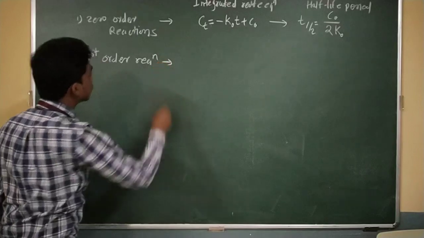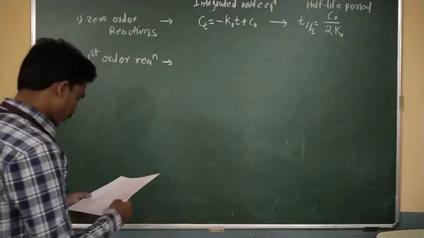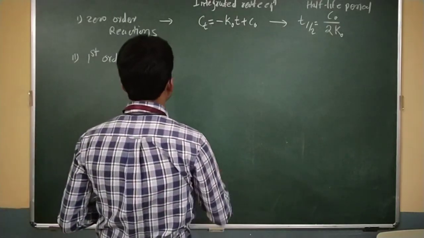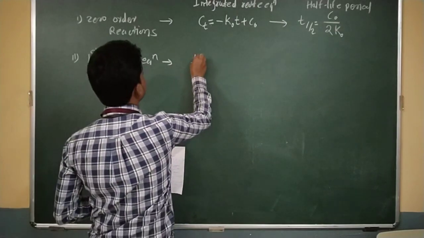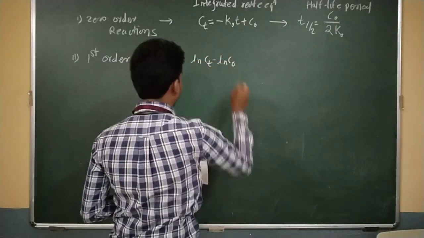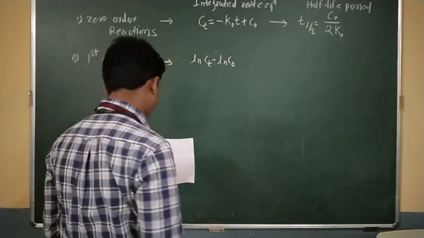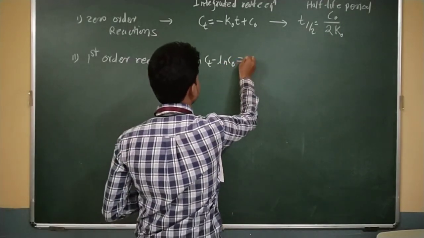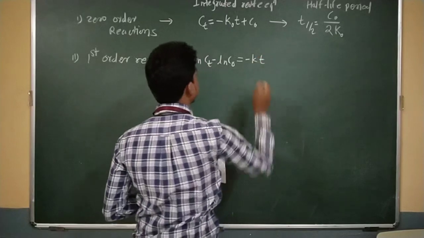And for first order reactions we have discussed the integrated equations like that: ln of Ct minus ln of C naught is equal to minus Kt.